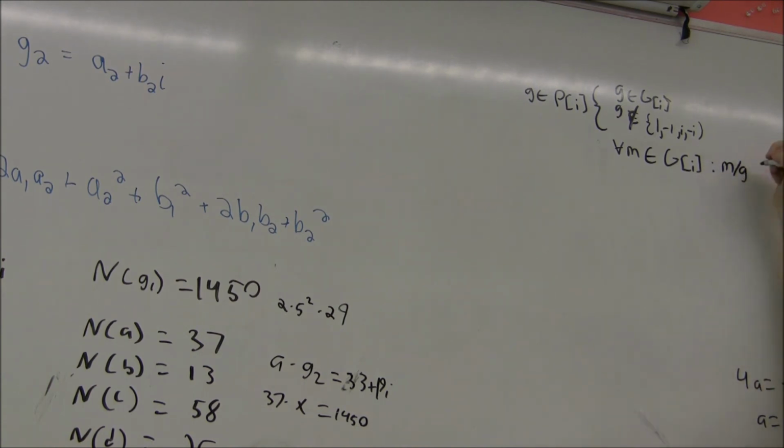If M divides G, M is either a unit, which implies M belongs to this set. Nicely said. I didn't write this M wrong.